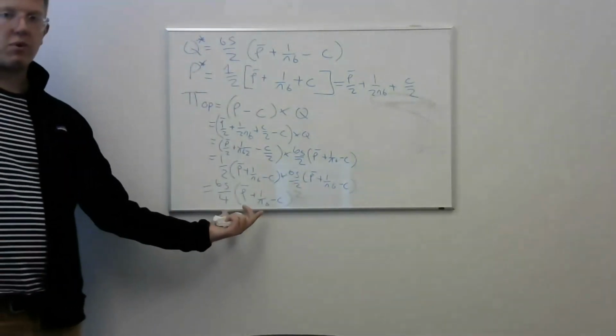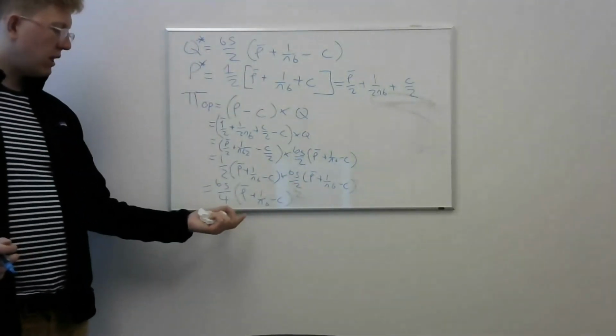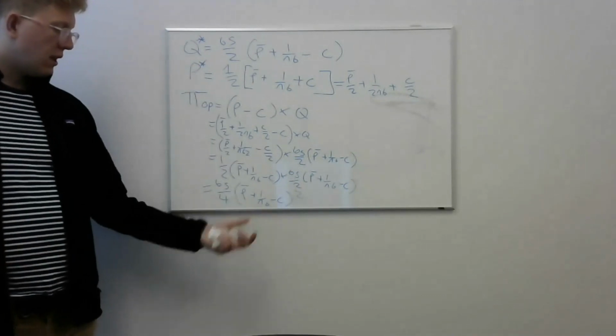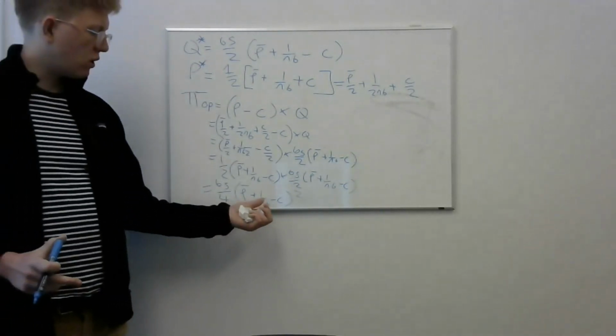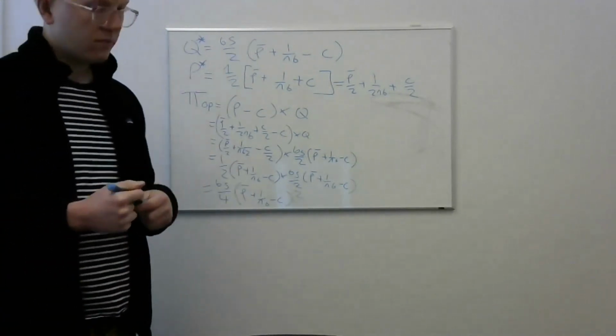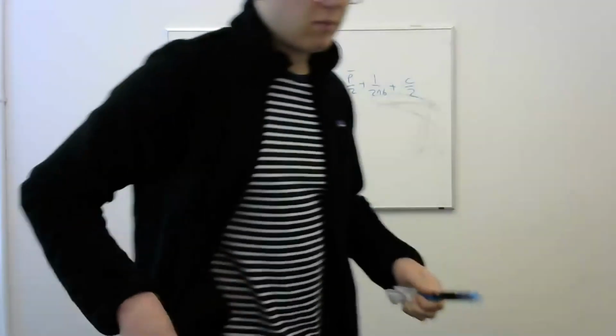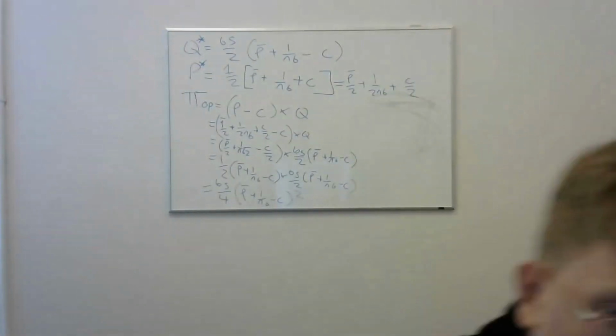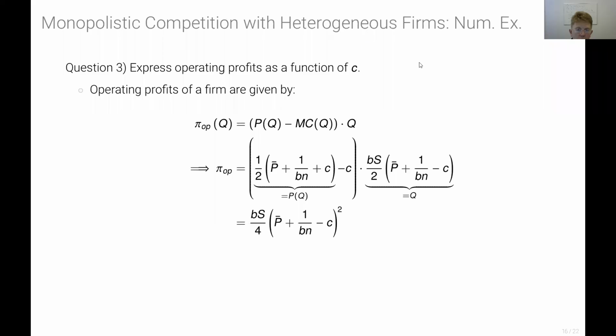And so our operating profits are going to be given by BS over 4 times (P bar plus 1 over MB minus C) squared. This slide is saying what I did on the board.